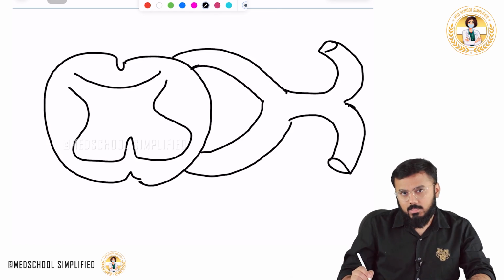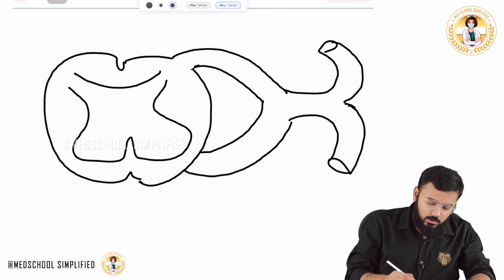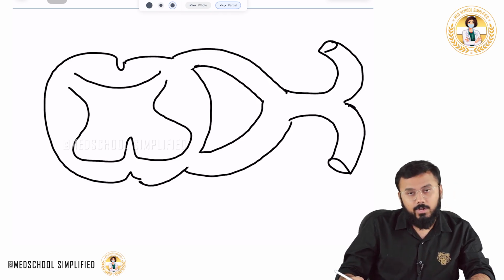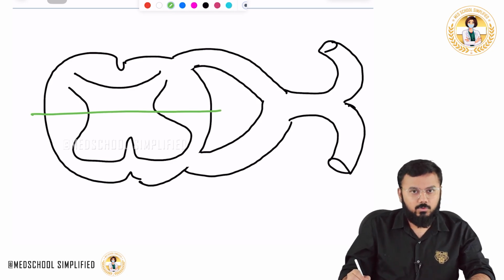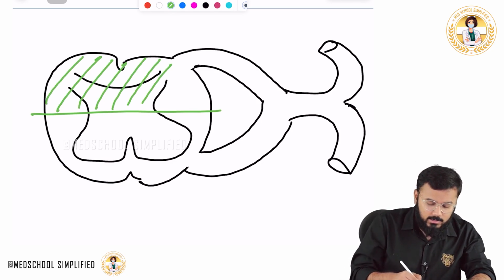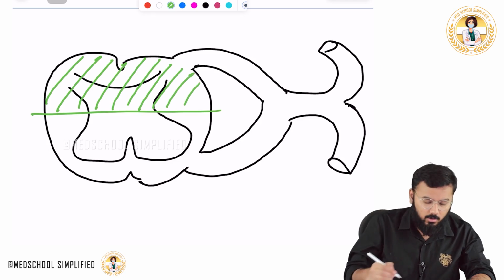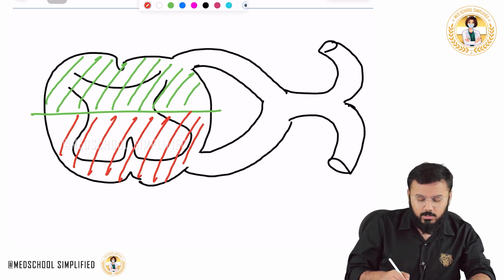If you look here carefully, this is called your dorsal horn and this is called your ventral horn. If I divide the spinal cord into two halves like this, this part is called the sensory or dorsal part of the spinal cord, and this part is called the motor or ventral part of your spinal cord.